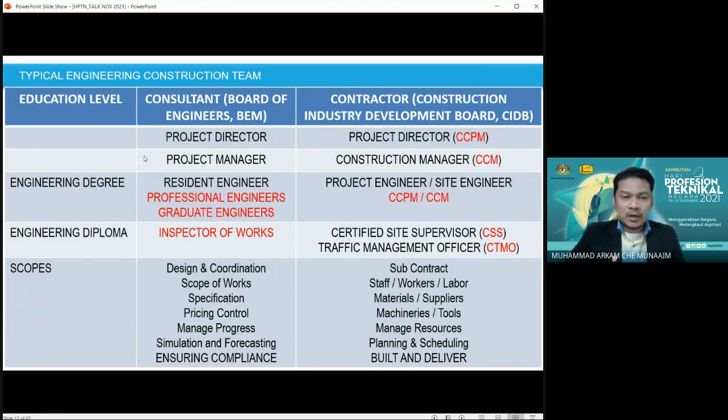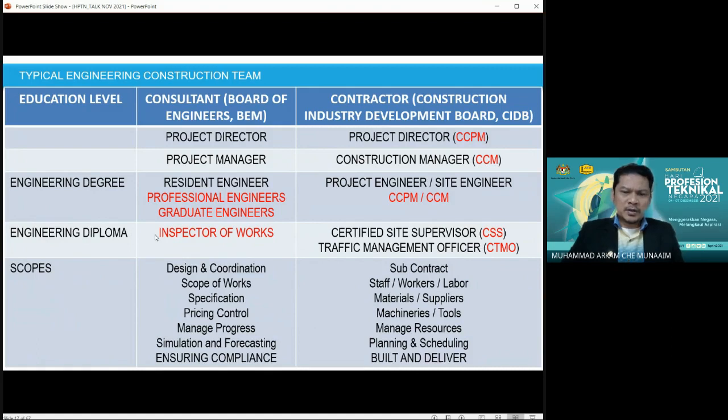So the inspector of works, as the name says, basically works to inspect the work. Inspect the work for what? To ensure the compliance. Compliance on what? Compliance on all materials, brand, for example, if you have put the brand name as a proposed approved product, or the methods of installation, or the testing.